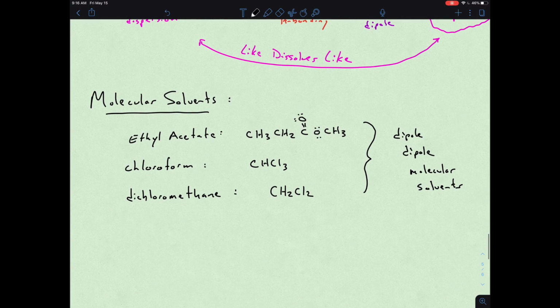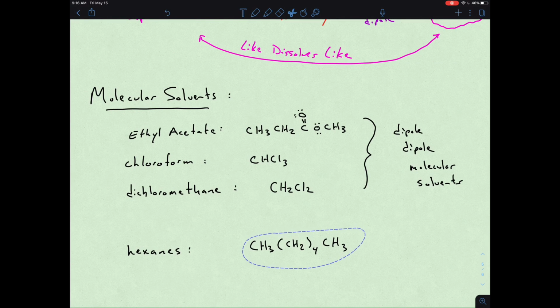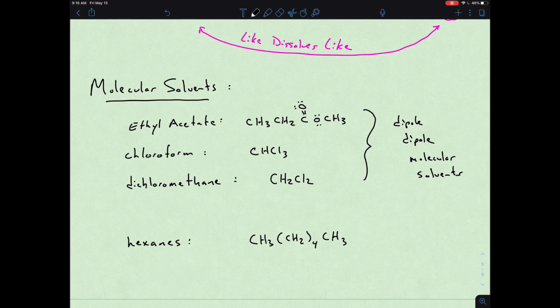And then we could look at, for example, hexane, which is a good example of a dispersion solvent. Let's get this chart set up right. So that's hexanes. Another common one we use is diethyl ether, which looks like this molecule.